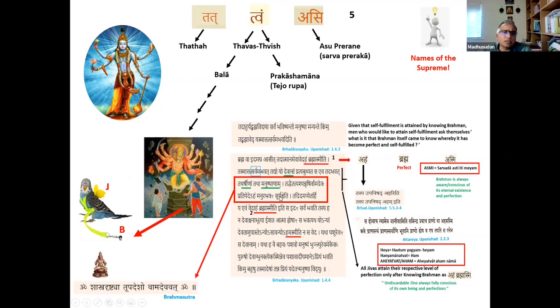So all these things are linked, because Vamadeva is celebrating the Supreme as the Antaryamin of Manu, Antaryamin of Surya. Again, there Aham, Brahma and Asmi are the names of the Supreme.